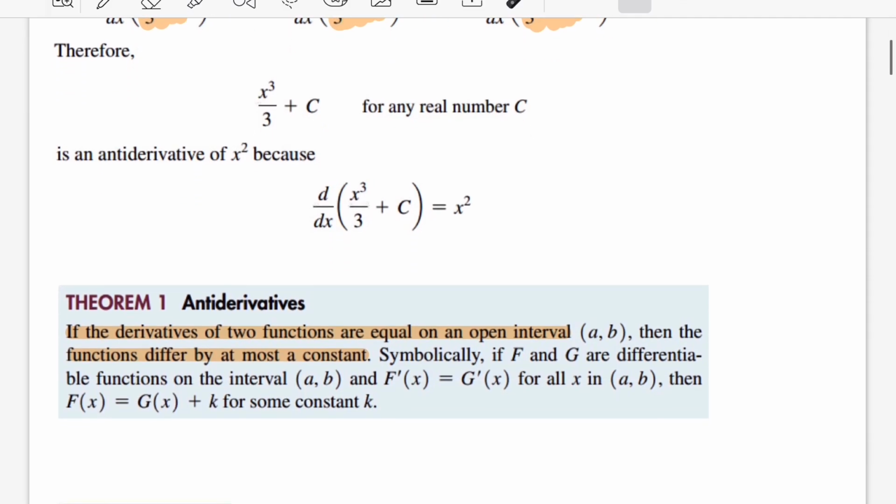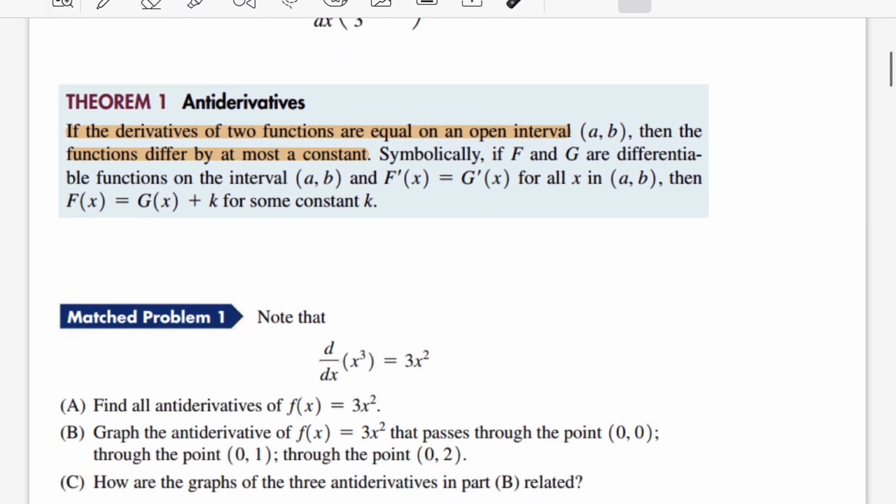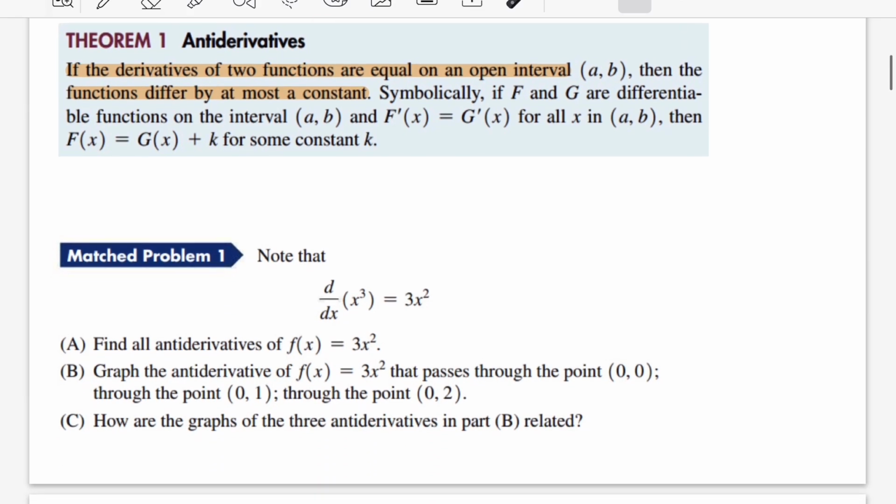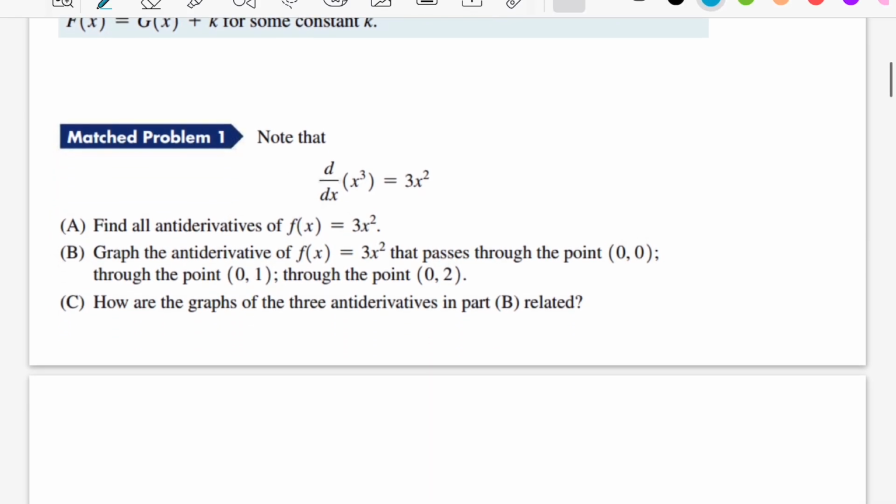So let's look at some examples. In this example here, we're told that the derivative of x cubed is equal to 3x squared. The first thing we want to do is find all antiderivatives of f of x, which is equal to 3x squared.